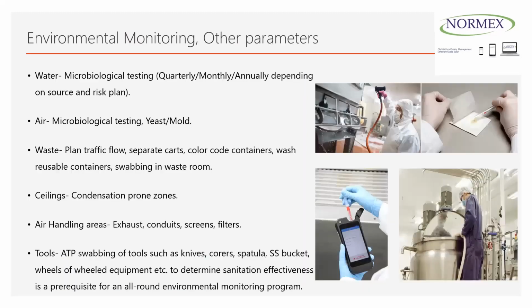So the other parameters for environmental monitoring, which are equally important, are water. So you need to send your water samples for microbiological testing. And when I say water, for example, you just have municipal water coming all through your facility, but you have, say, 12 hoses or 12 areas where you're using that particular water, then it becomes important to get the samples off of all those 12 hoses because I'll just give you an example.